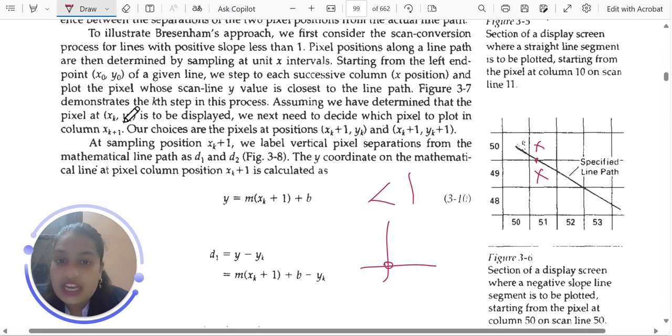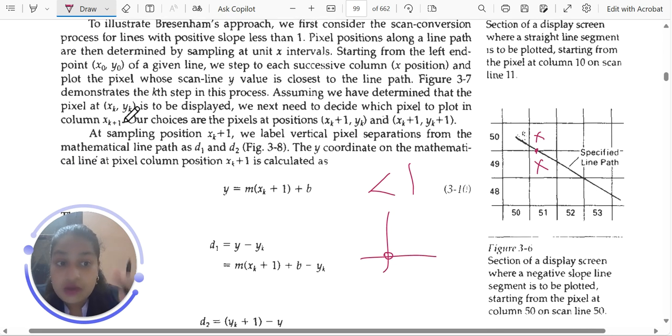Visually, maybe this one looks closer, so we would take this pixel, but it is not like that. We will do the calculation, and then whichever is nearer, that one we will select.